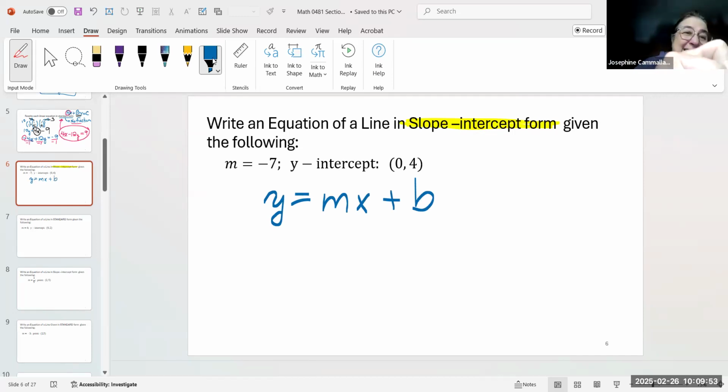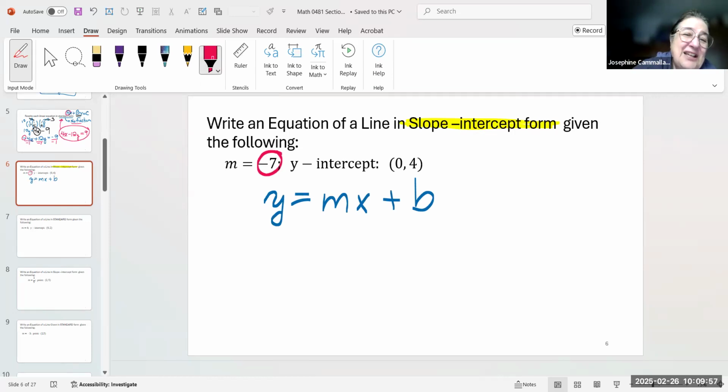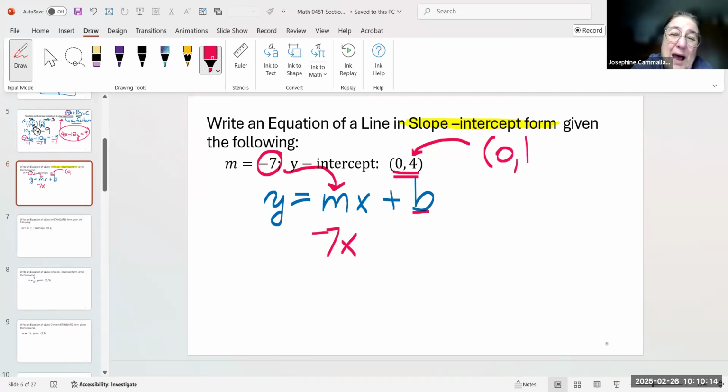Well, see this -7? That's my m. Now, do you remember what this is? The b is the y-intercept, which means the b is 4.